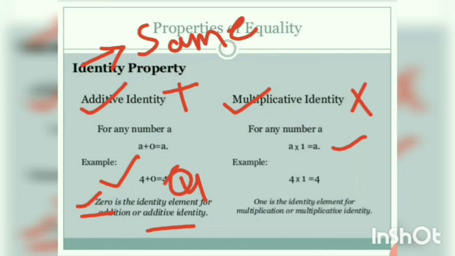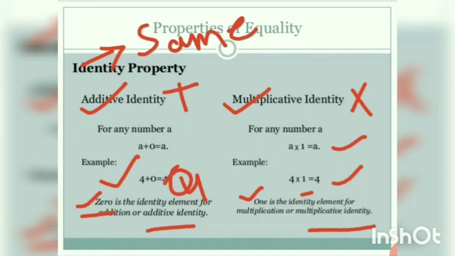Suppose here we had taken 4 as the given number. So 4 into 1. If we multiply 4 to 1, then we will get the same number, identical number. So in case of multiplication, always 1 will be the multiplicative identity.